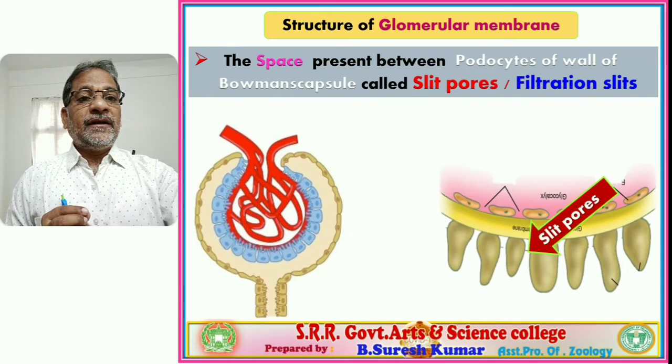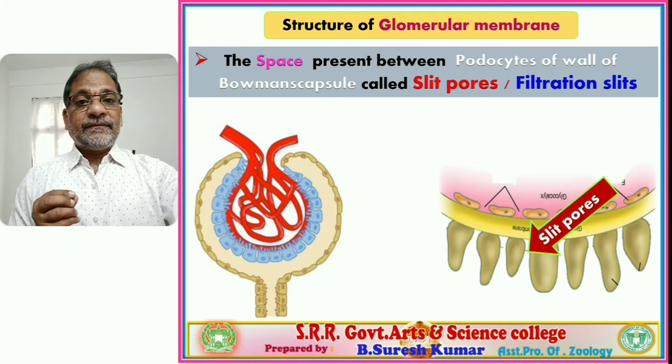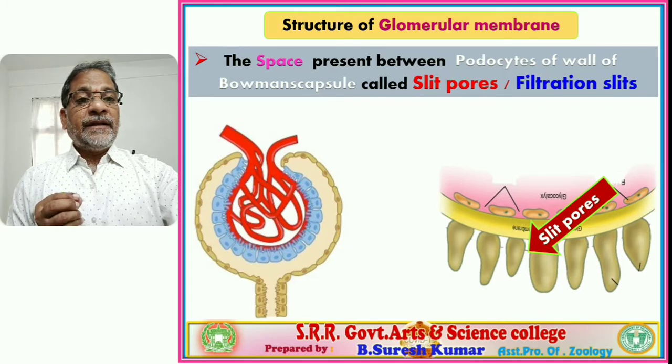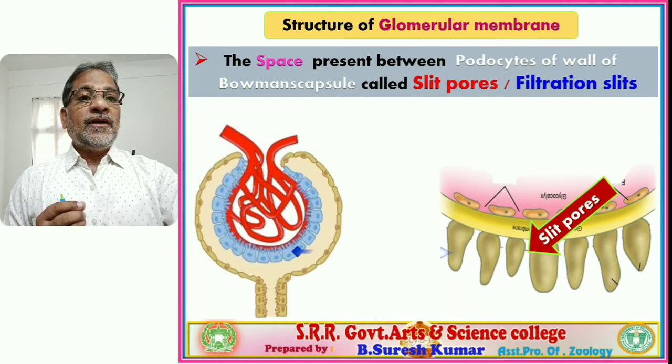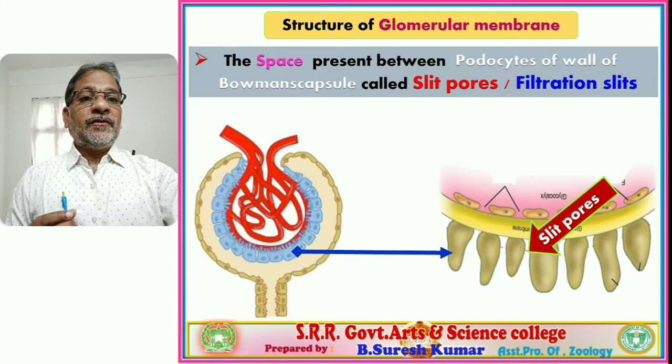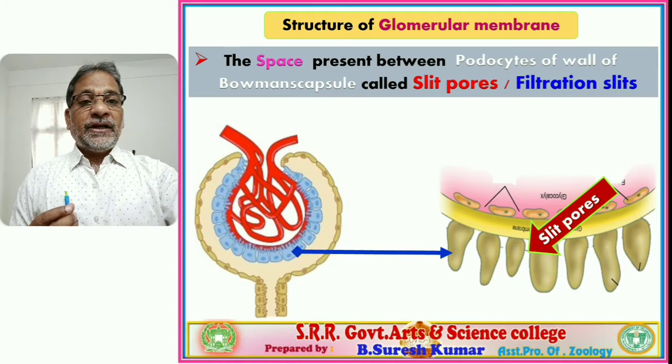You observe the foot-like cells are called podocytes, otherwise pedicels, foot cells. In between the cells space is there, so that is called slit pores. So all these slit pores are nothing but filtration slits.